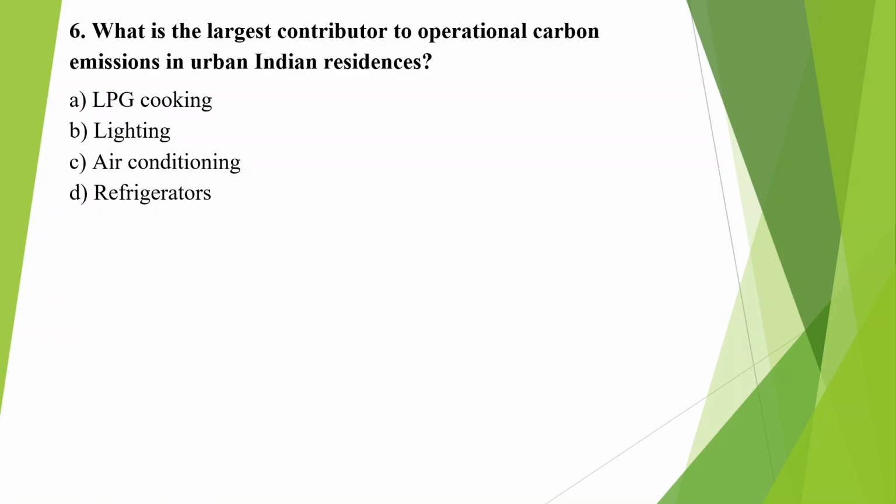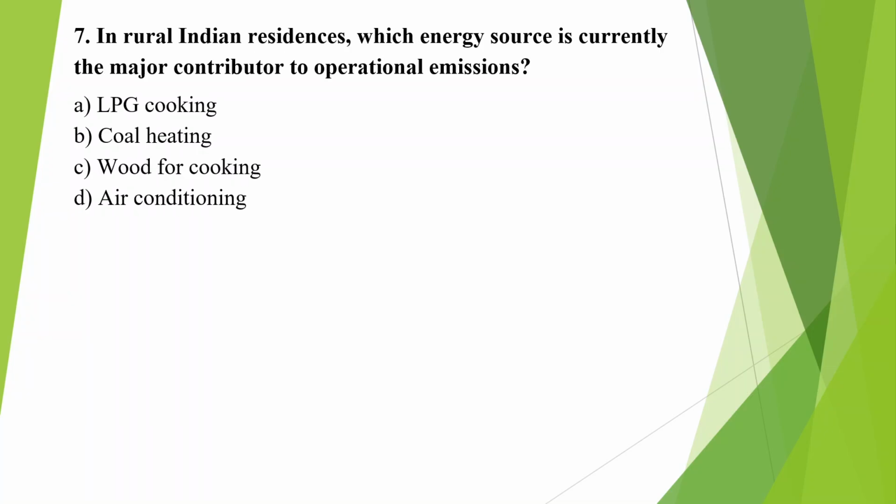Fine. So let's move to the seventh question of this particular lecture. Try to answer this question also, like all of you answered correctly the previous question. We have talked about the urban. If you're talking about rural area residences, which source in rural areas is currently the major contributor to the operational emissions?